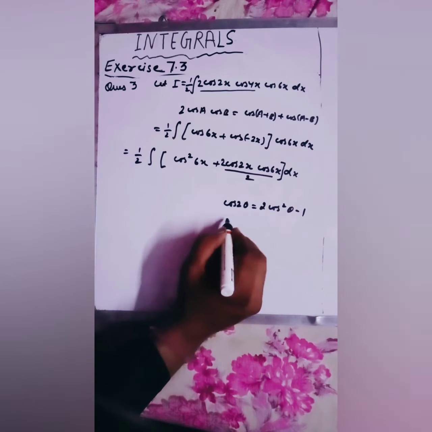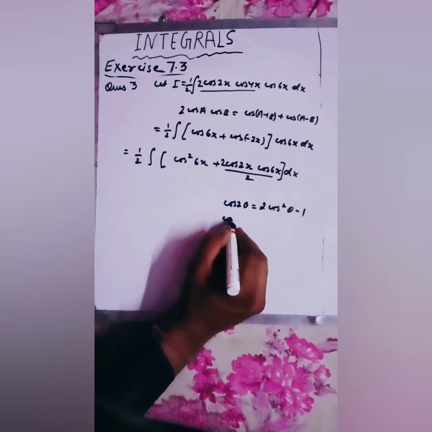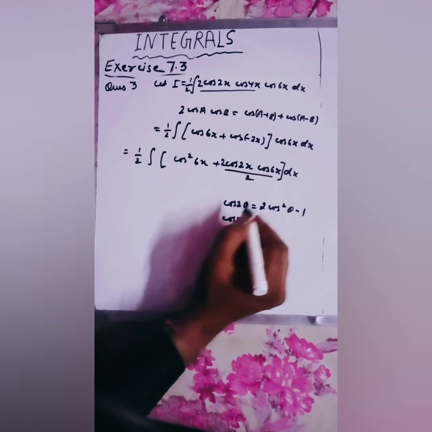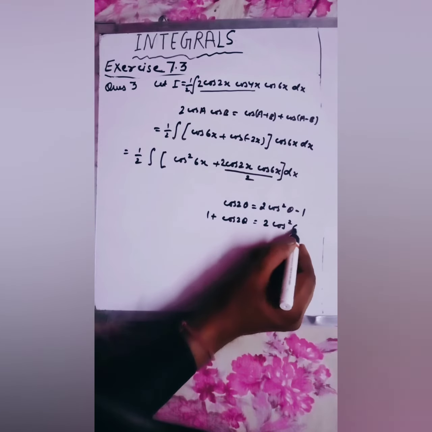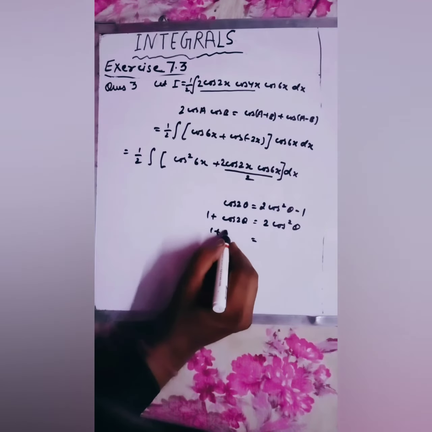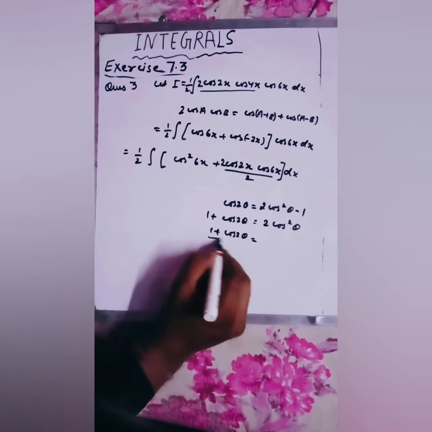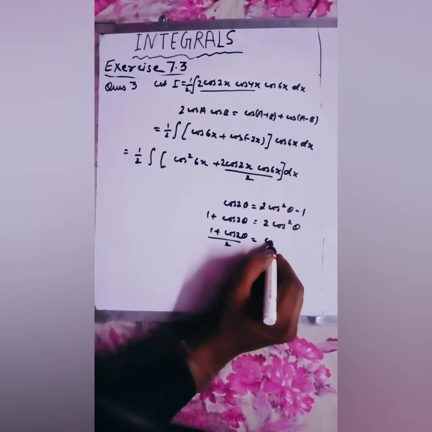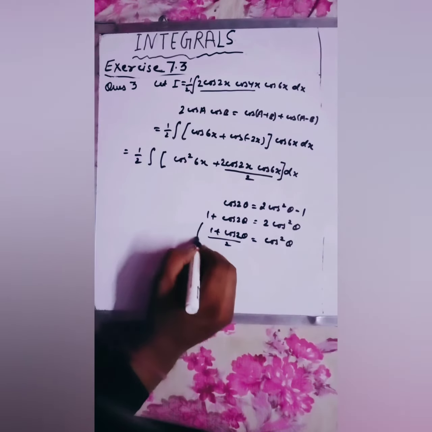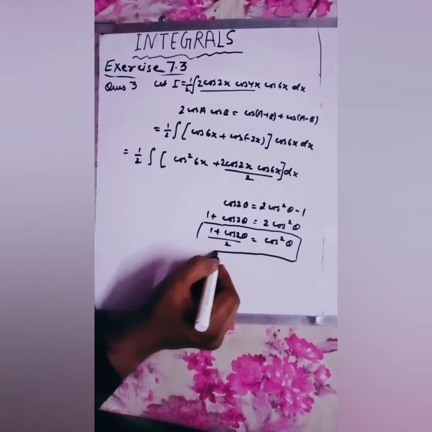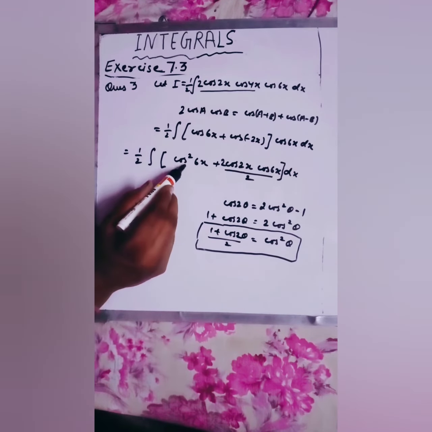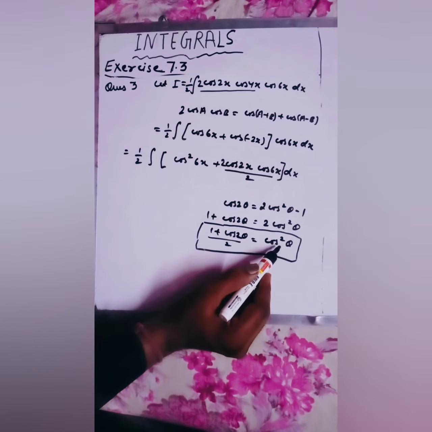Okay, so this 1 will come here, so 1 plus cos 2 theta is equals to 2 cos square theta. So (1 plus cos 2 theta) over 2 is equals to cos square theta. So this is the main formula, please remember this.